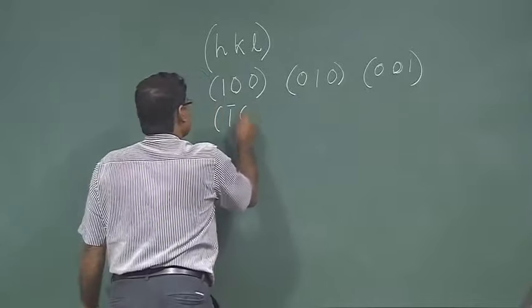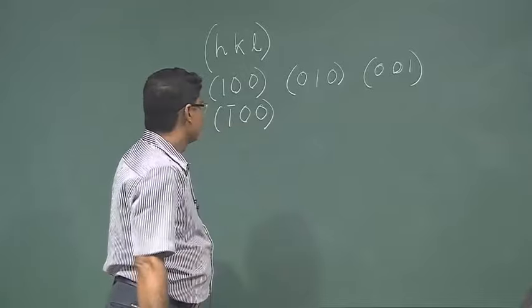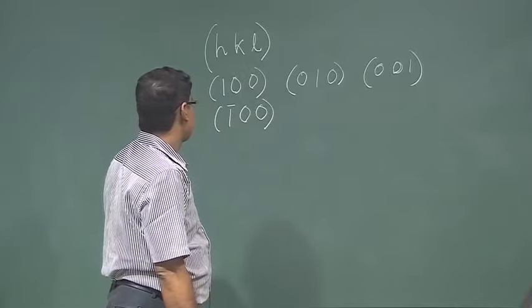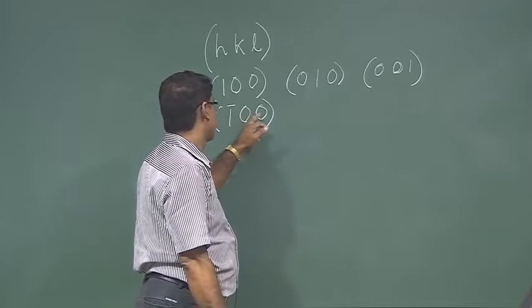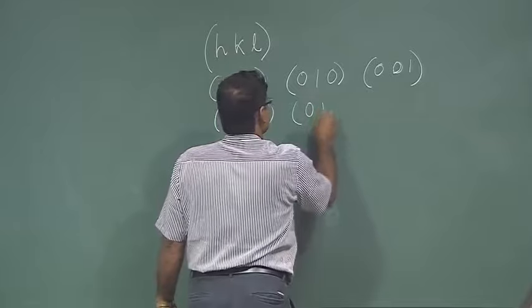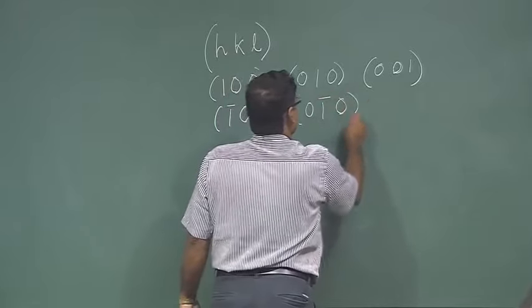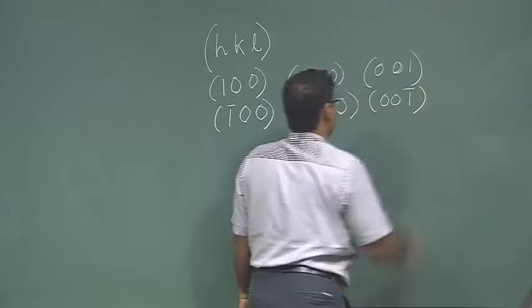So, this can be the planes 1 bar 0 0, 0 1 bar 0, and 0 0 1 bar.